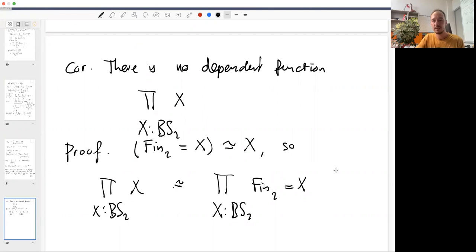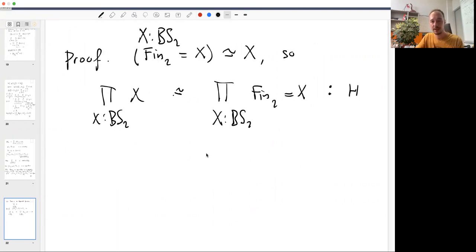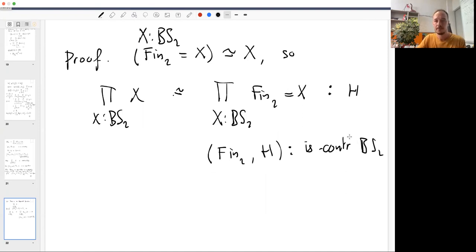So if we have a homotopy here, then we would obtain the pair Fin 2, h of type isContr BS2, and there surely cannot be any element of type isContr BS2, because we know that the identity type of BS2 can have two elements.